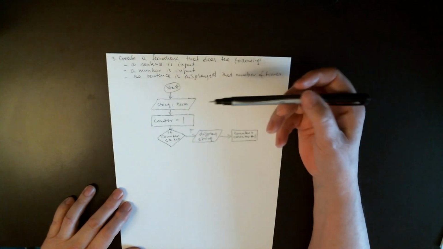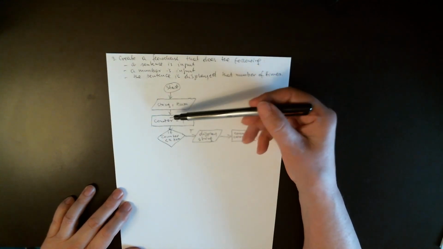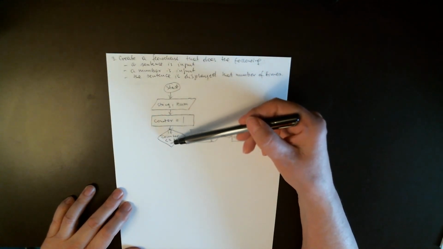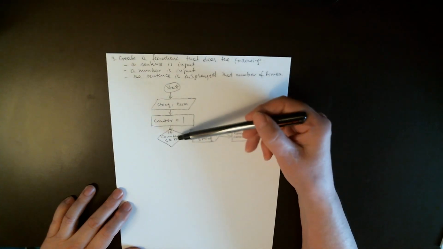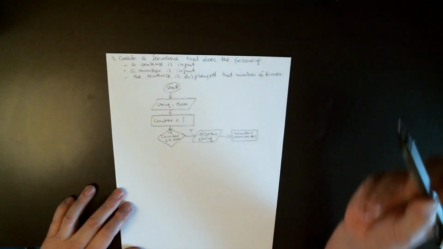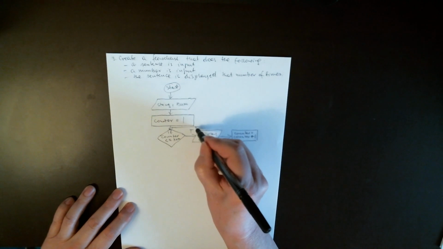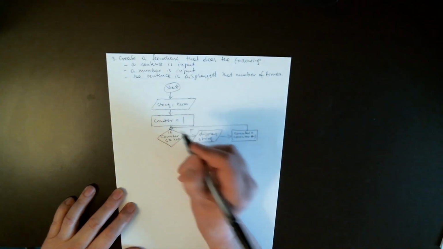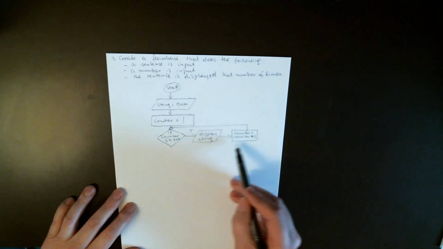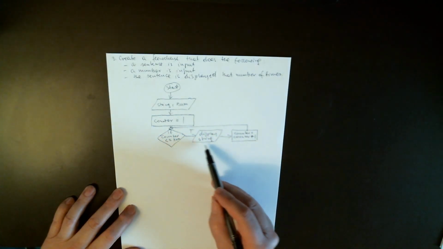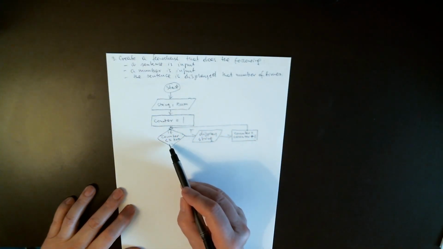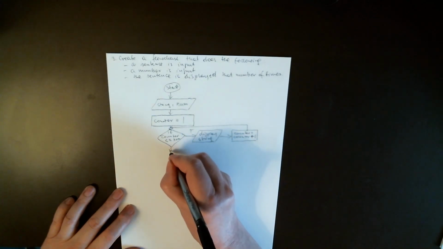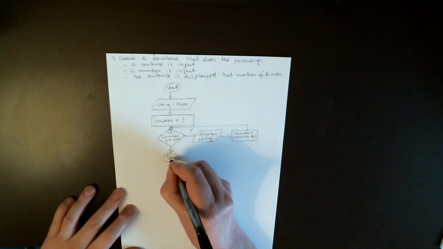All right, so the string and the number, the counter starts with 1. As long as the counter is less than or equal to the number, display the string and add 1. And how are we looping it? Look at the line right there, and going back right here. So we'll be going till finally this question becomes false and it becomes stop.